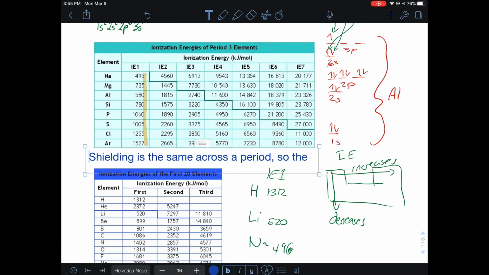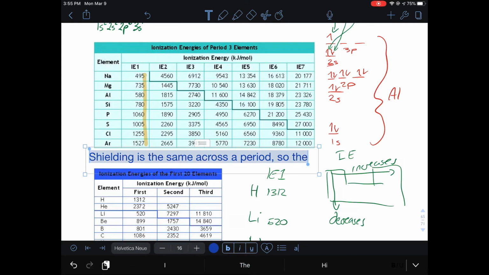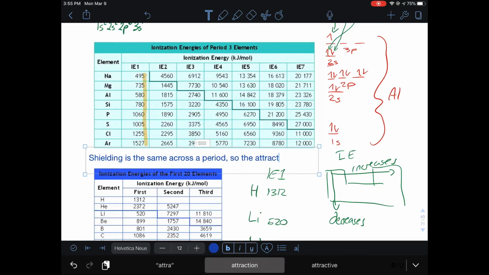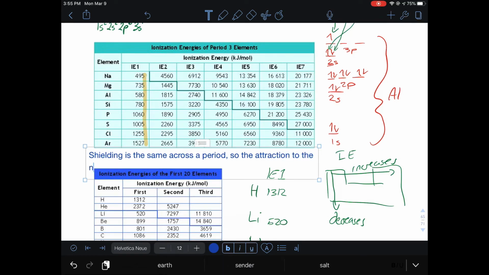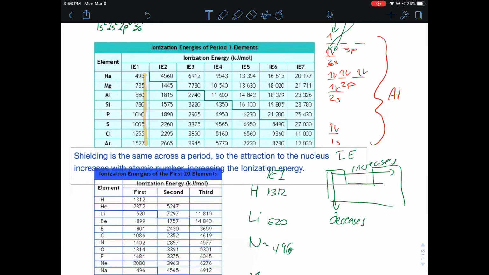So the nuclear attraction, the attraction to the nucleus, increases with atomic number, increasing this barrier, increasing the ionization energy.